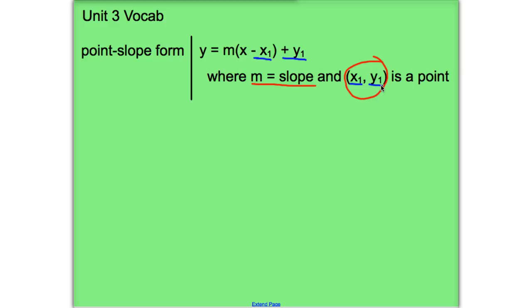The second reason is because I use an asylum analogy when we talk about point-slope form. I hope you notice right here, inside the parentheses, the x-coordinate is negative or opposite. I call this set of parentheses grouped around our x's the asylum. Think about why people get sent to an asylum.